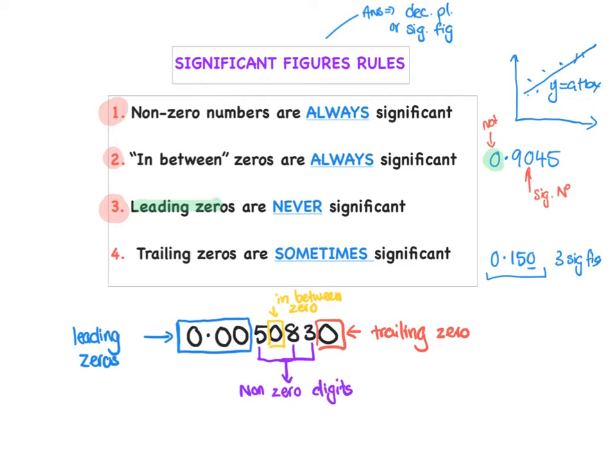All right, so here we've explained it a little bit more again. The zeros at the front of a number are leading zeros. If zeros are in between, they will be significant, and sometimes the trailing ones will be significant. You might need to have them as well, depending on how many significant figures they want.